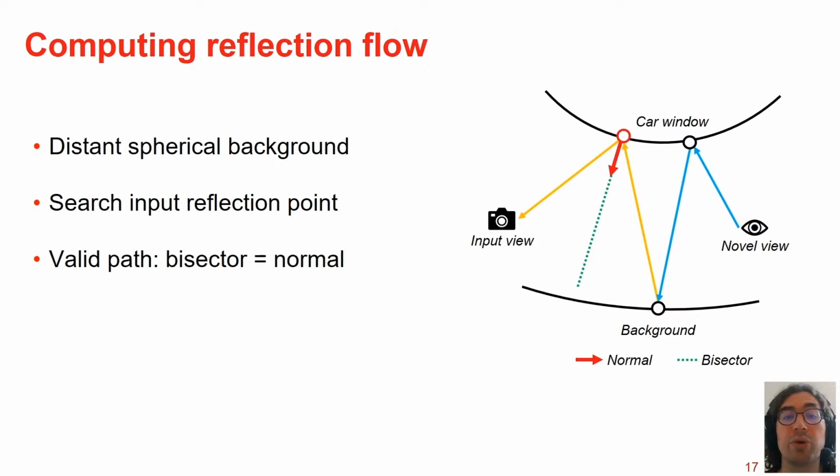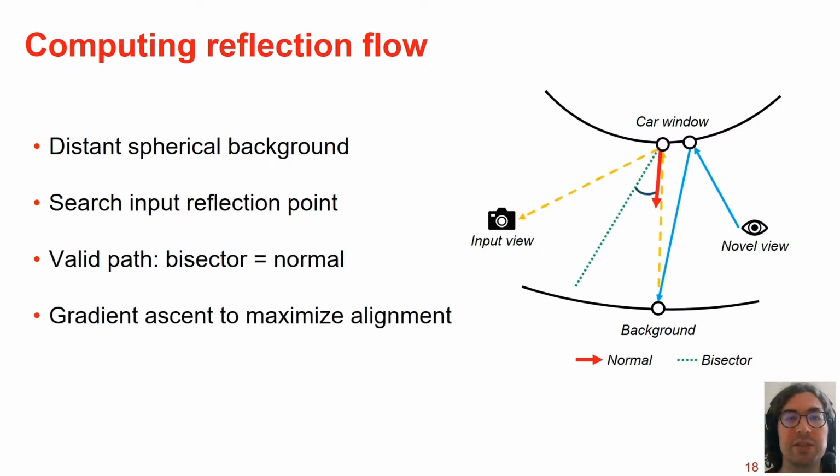We need to search on the surface, but it's hard for arbitrary surfaces, and this is not necessarily a bijective problem. In practice, we search on the surface using a gradient ascent, trying to maximize the alignment between the two vectors. Based on the misalignment, we can update the position on the surface and iterate until convergence.